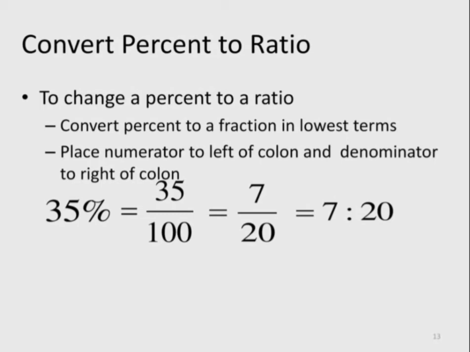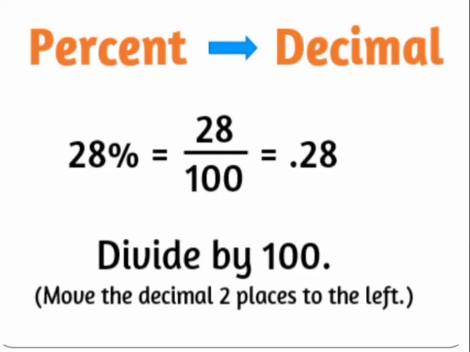Next, to convert a percent into a decimal. For converting a percent into a decimal, we drop the percent symbol and shift the decimal point by 2 places to the left, or divide the number by 100 and drop the percent symbol. Let us understand with the help of an example. 28%.